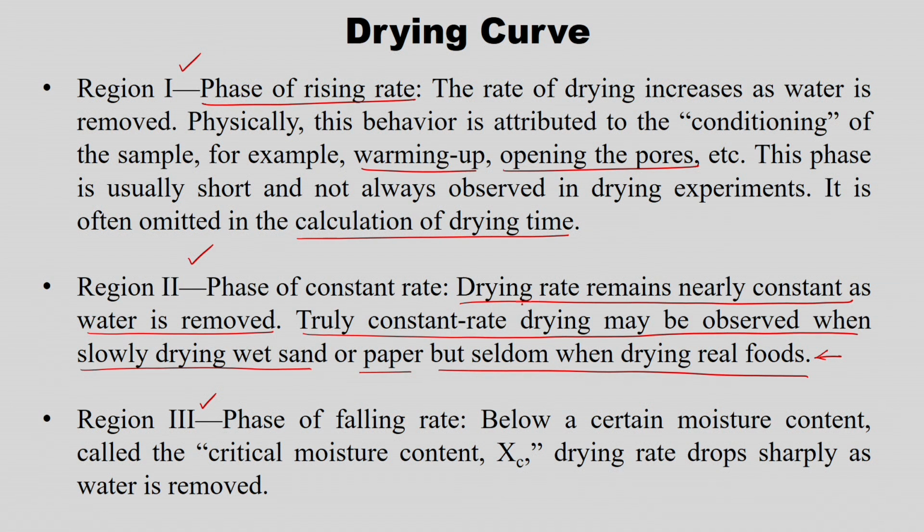The constant rate is nothing but the drying rate remaining nearly constant as water is removed. Region 3 is the phase of falling rate. Below a certain moisture content, called the critical moisture content, expressed as Xc, the drying rate drops sharply as the water is removed. So, the phase of falling rate is where the drying rate falls with respect to X, the moisture content, after the critical moisture content is reached.